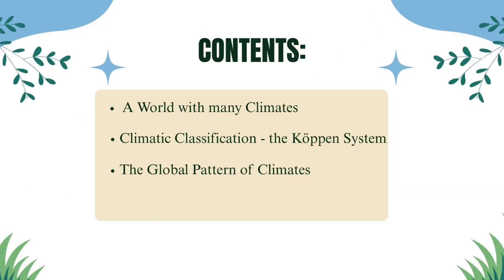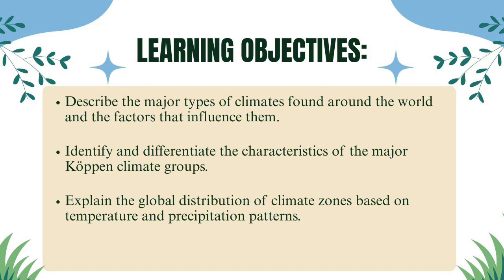So we have the contents here. First is a world with many climates. Second is the climatic classification, or the Köppen system, and the global pattern of climates. Next, we have our learning objectives. First, to describe the major types of climates found around the world and the factors that influence them.